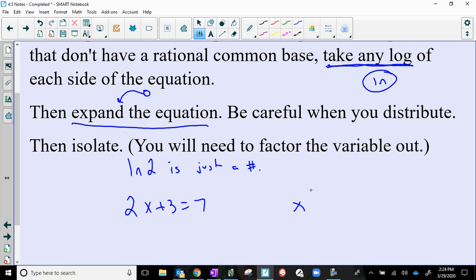Except it'll be more like x natural log of 2 plus the natural log of 3 equals the natural log of 7. Okay, then you subtract the natural log of 3, then you divide by the natural log of 2. Don't treat these numbers differently than any other number. We will not discriminate against our irrational numbers. They get treated just the same as every other rational number.